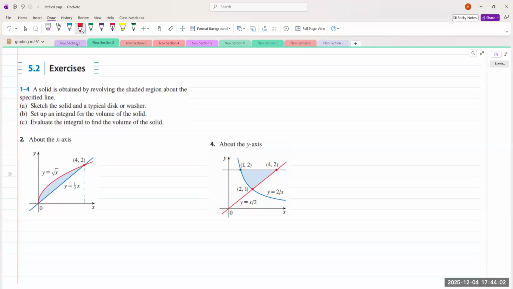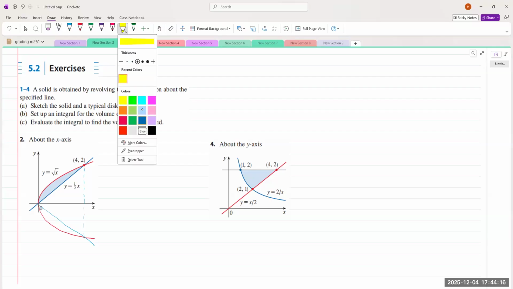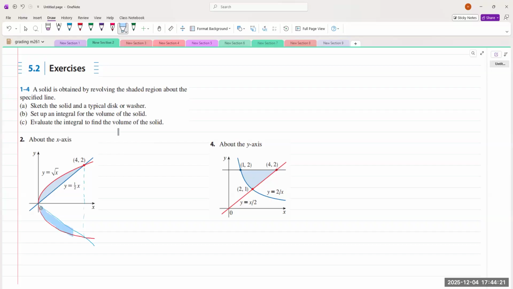So the red curve will be continued this way later on, and the blue one will be continued approximately like this. The region generated will be, I try to match the color, like this, and revolve about the x-axis. So that's what it looks like later on.